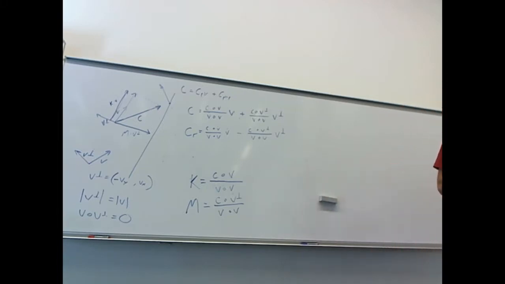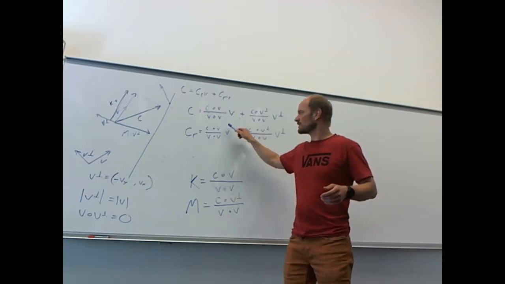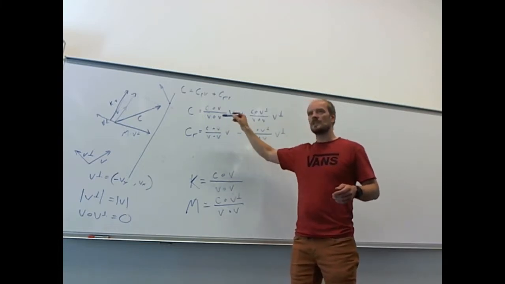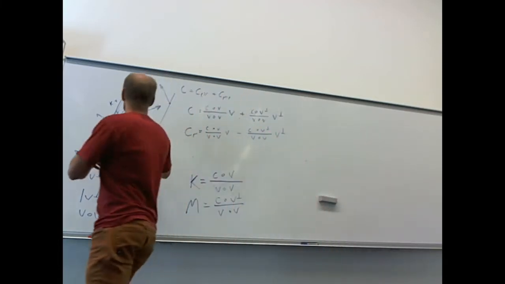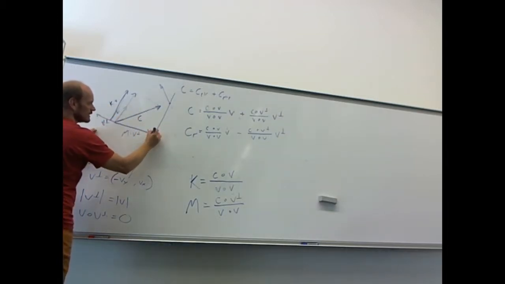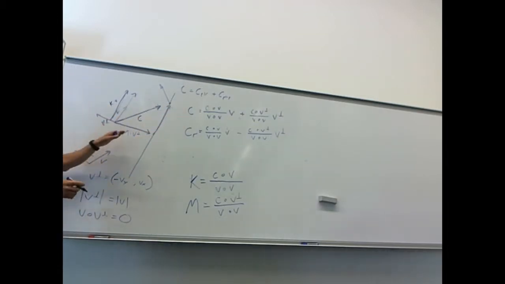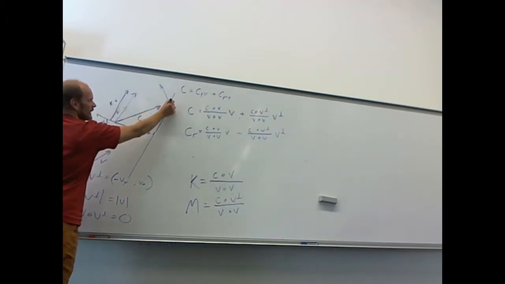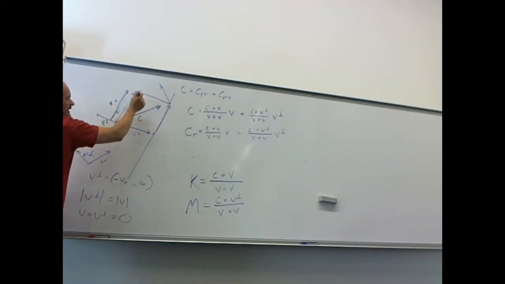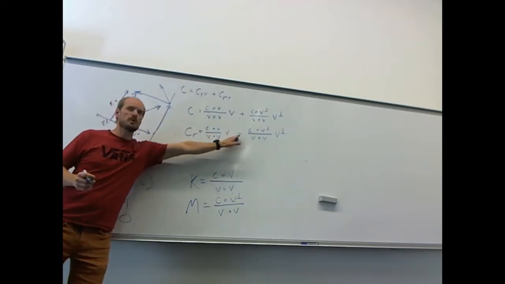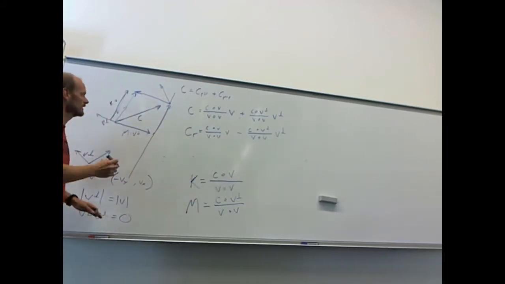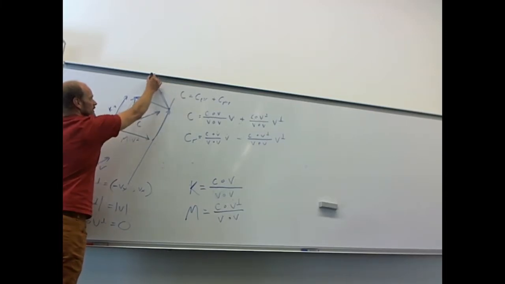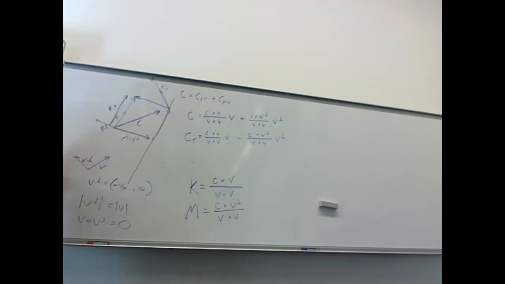Right? Does this make sense? We can take the part that's parallel to v and keep that unchanged. This vector here is unchanged. Then we take the part that's perpendicular to v and we take that in the other direction and say we're going to subtract that from it rather than add it to it, which should yield this vector here, c reflected.